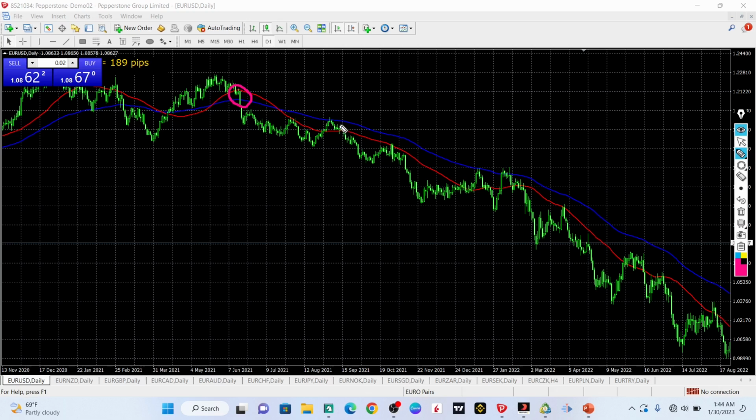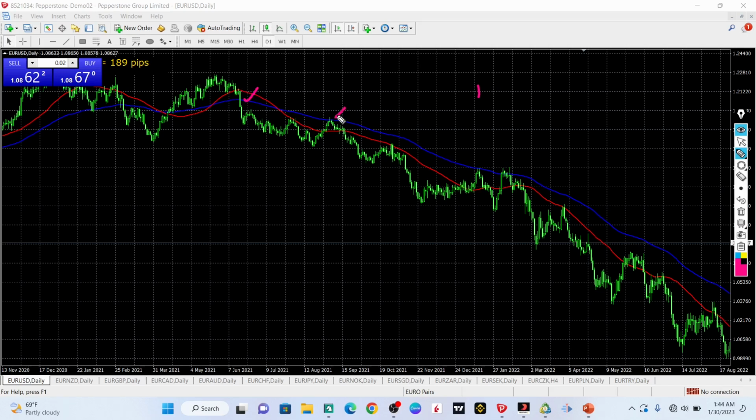But this red line has given us a signal right here to buy. It has also given us a signal right here to buy, another signal right here to sell, another signal right here to buy. So if you try to count losing trades, this blue line has one winning trade, but this red line has one winning trade.